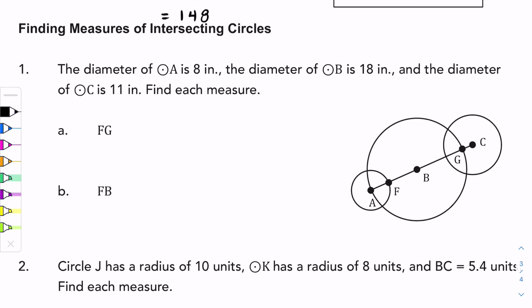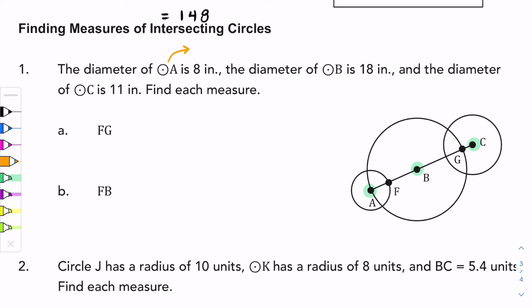For the next set of questions, we're looking at intersecting circles, and we're dealing with the diameter and the radius. So for problem 1, it says the diameter of circle A is 8 inches, the diameter of circle B is 18 inches, and the diameter of circle C is 11 inches. So besides the diameters, I'm just going to make a note.